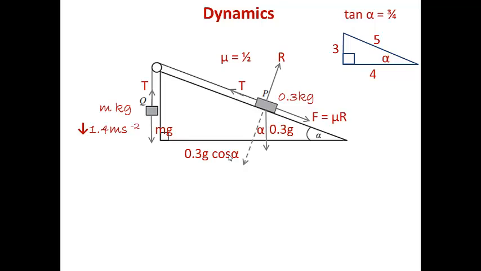We'll resolve the forces on P perpendicular to the plane, and by doing that we see that R must equal 0.3 G times cos of alpha.